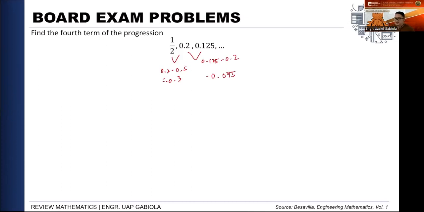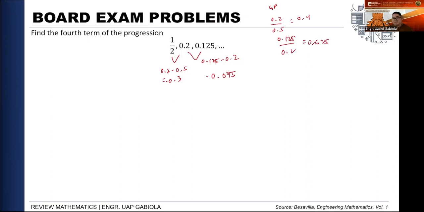And sa geometric, ang makukuha natin mamaya pag geometric progression naman, yung ratio naman, yung division. So, 0.2 over 0.5, we have 0.4. Tapos yung 0.125 over 0.2, sagot niya is 0.625. So, hindi din siya parehas.